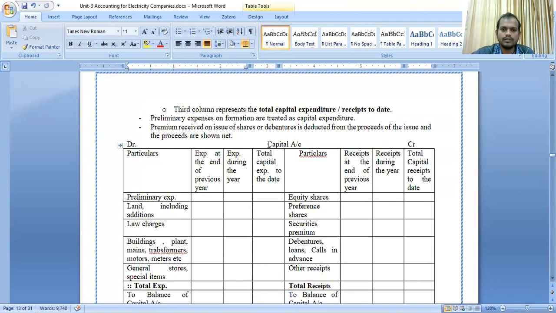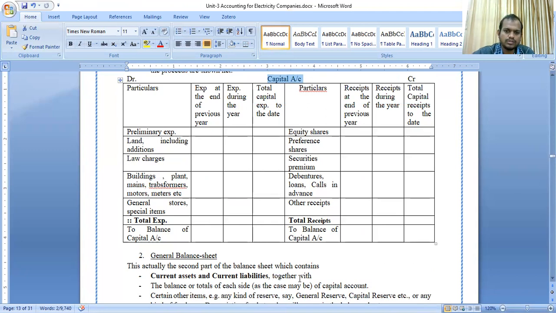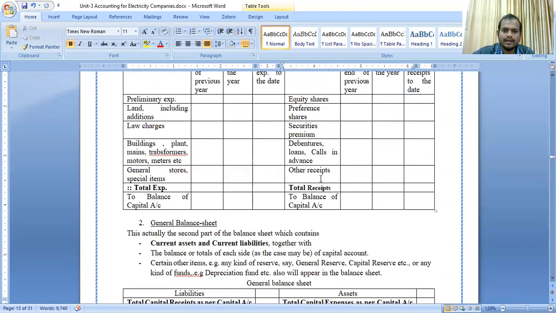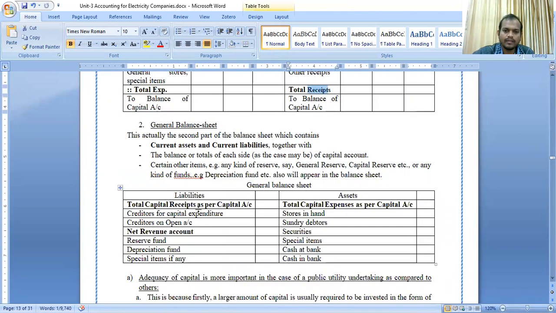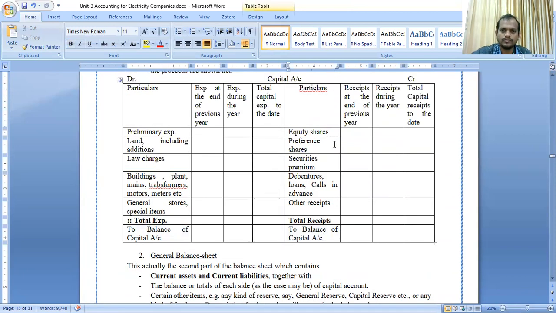For the balance of the capital account, either we can transfer the difference amount to the general balance sheet, or we can show the total expenses in the asset side of the balance sheet and the total receipts in the liability side of the general balance sheet. Either we can show separately or the balance amount, whatever appears in the capital account.